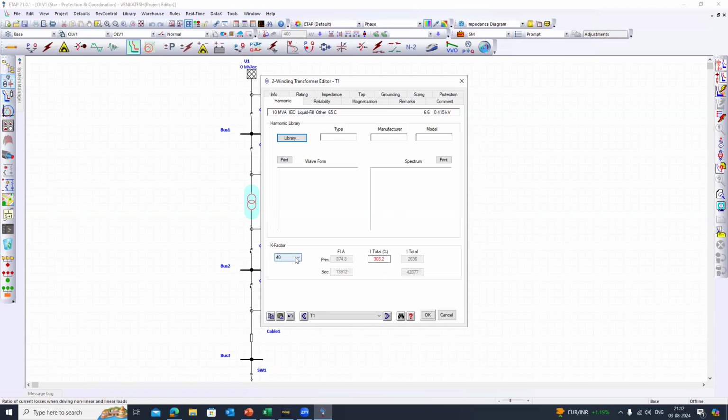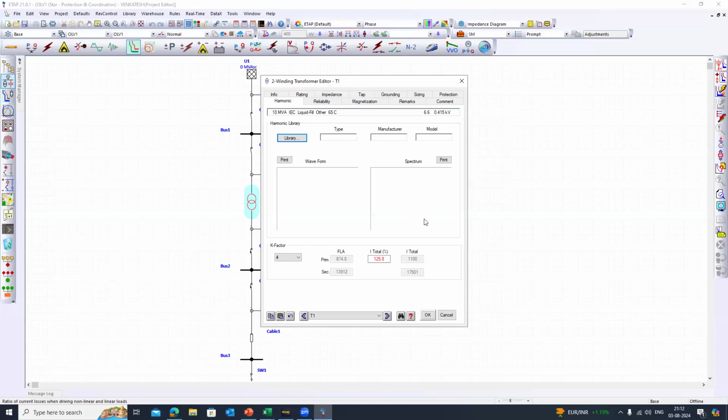Okay. If the K factor is 4, normally when the K factor is 1, the transformer rated current is 874.8. But when you introduce the K factor, the transformer can withstand 1100 amperes of rated current. That is additional. Yes. That means your transformer is getting oversized. Yes, exactly. Yeah, thank you.